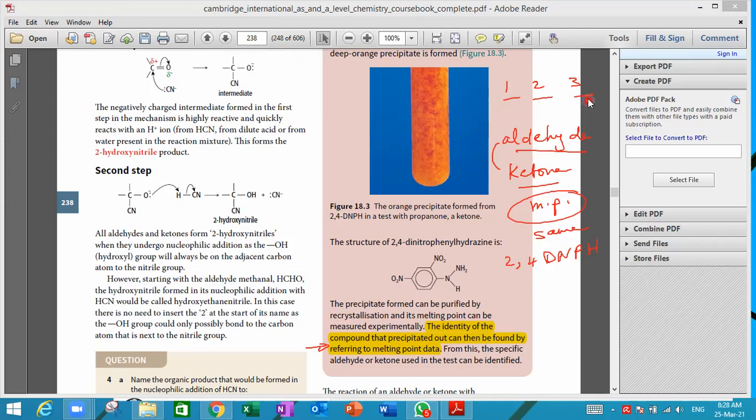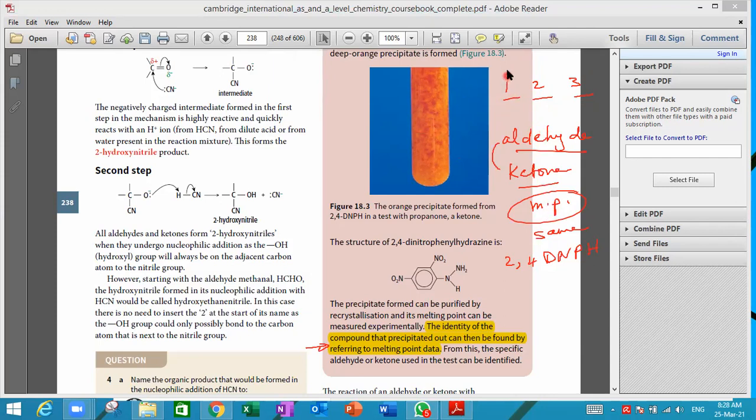The compounds themselves, without reacting with anything, if we want to differentiate between them, we should measure their melting points. And from the melting points, we can identify 1 as so and so, 2 as so and so, and 3 as so and so. But sometimes all 3 of them have the same melting point. So we will not be able to differentiate between them.